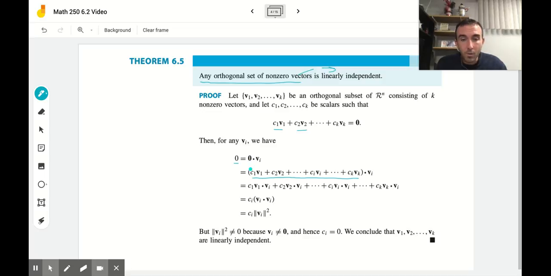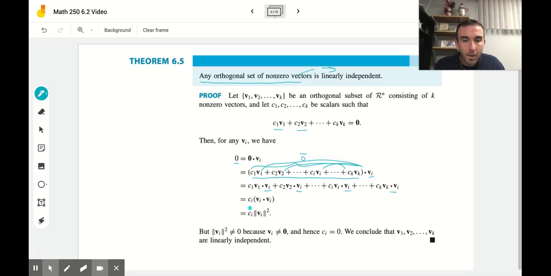So that means this whole thing is just the 0 vector, and I multiply that by vector vi, and then using our matrix vector properties and our dot product properties from earlier, we can basically distribute this on the right. So I'm going to do a dot product on each of these on the right. Notice I'm just tacking on the vi on the right from section 6.1.